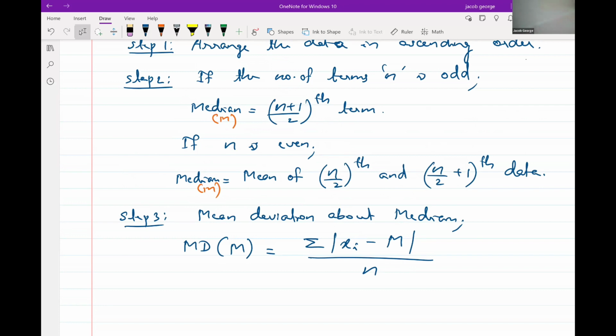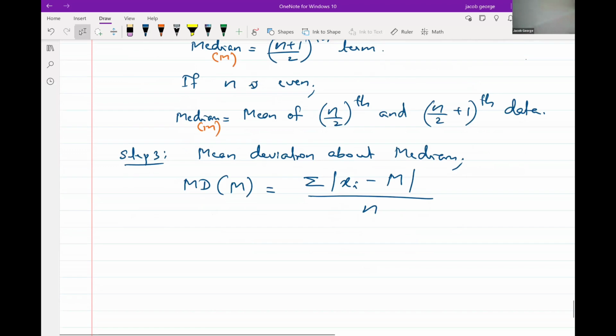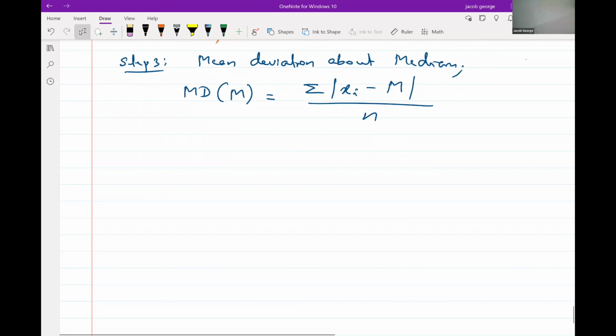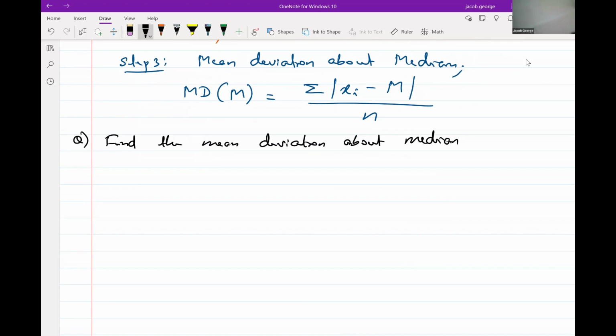Now write a question. Find the mean deviation about median of the following.